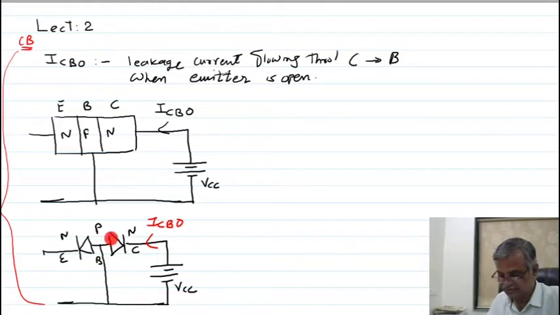This is a reverse bias. The arrow shows the direction of current when it is in forward bias, but this is in reverse bias, so the direction of current is always opposite to the arrow. In this direction current will flow, and this current is called collector cutoff current, or ICBO, or leakage current.